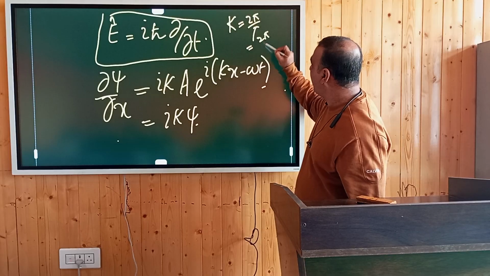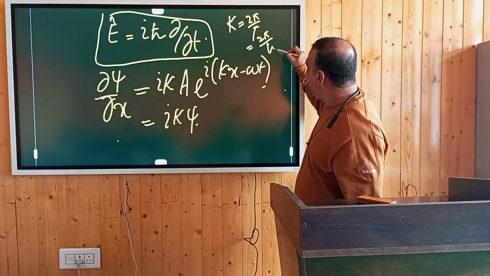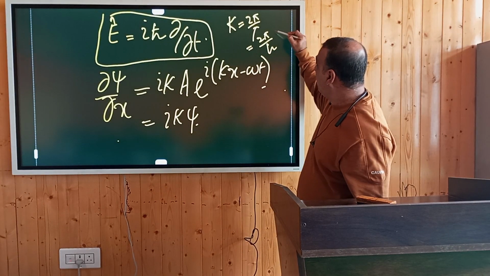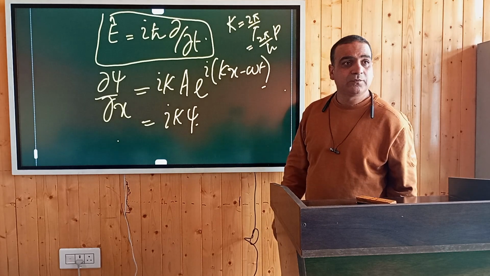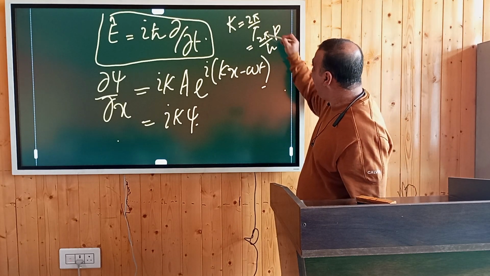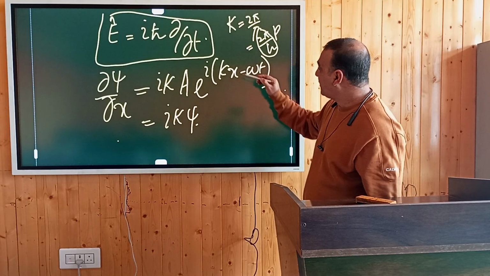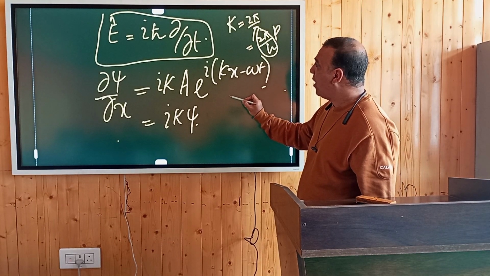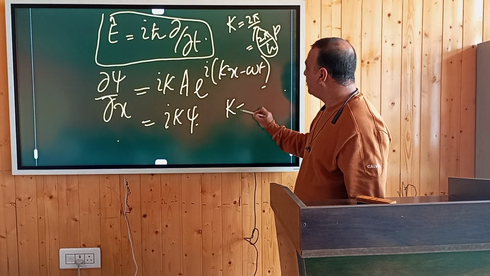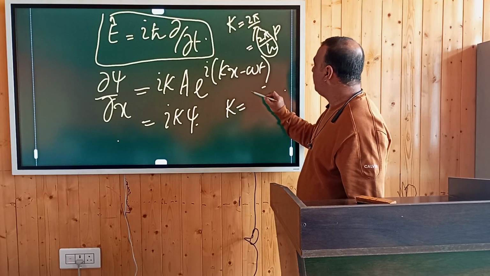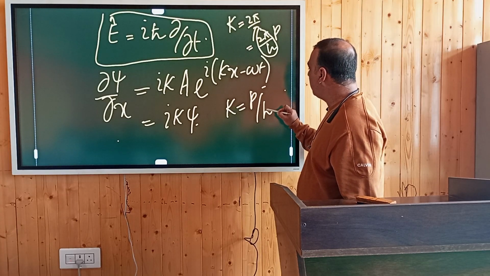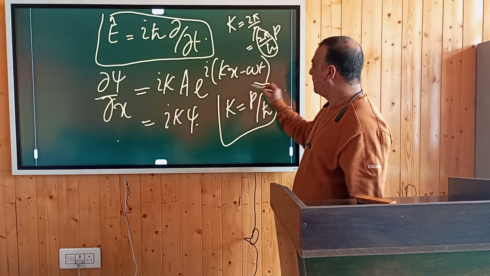Lambda is h by p. So p will go up. So this 2 pi by h is 1 by h bar, right? So what will you have here? You will have k equals p by h bar. Is it true?